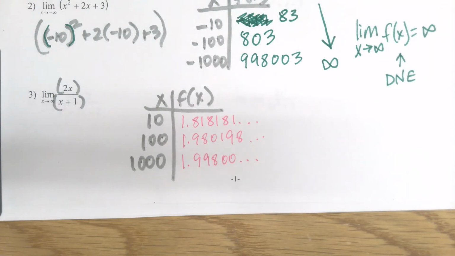Hopefully you got values that kind of look like this. Did it work out for you? 1.8, 1.98, 1.998. Again, I can see this 9 because I'm very, very organized.